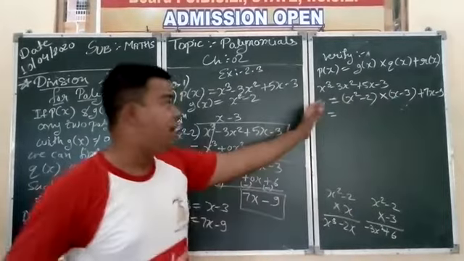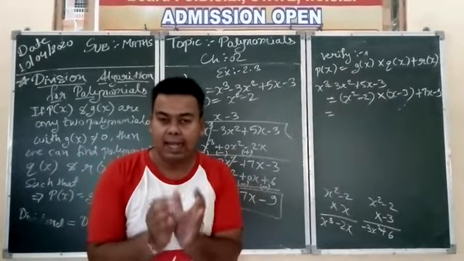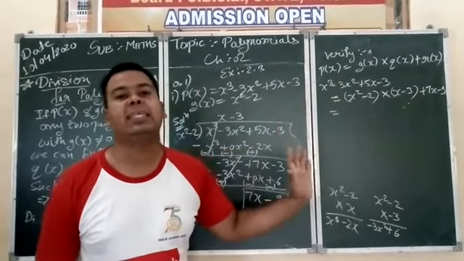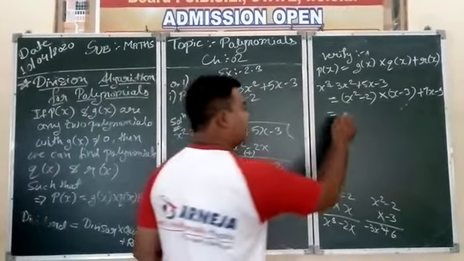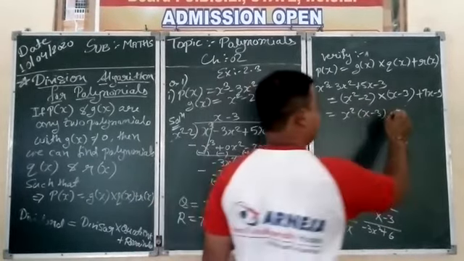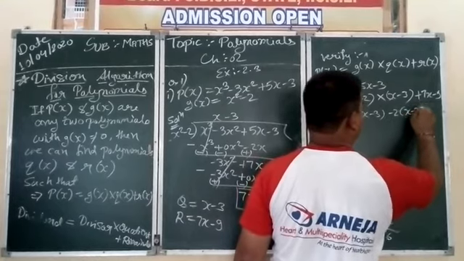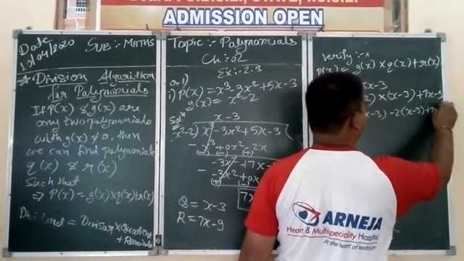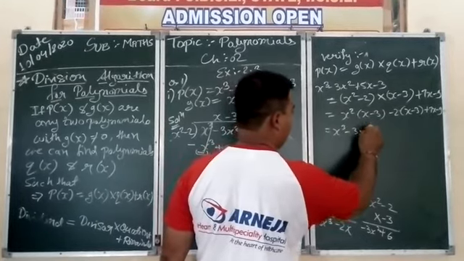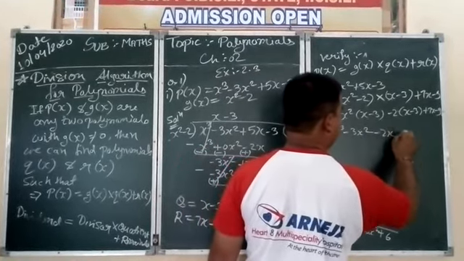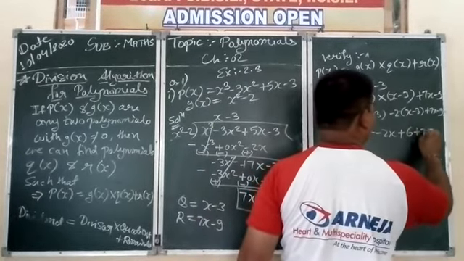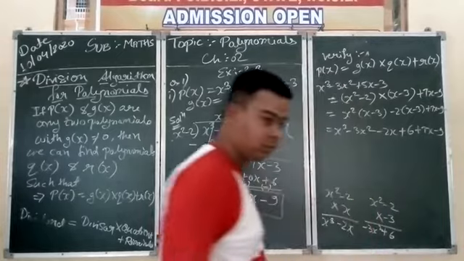Now we solve the RHS and see whether this RHS is equal to LHS or not. So x square is multiplied by x minus 3, minus 2 is multiplied by x minus 3, and plus 7x minus 9. So x cube minus 3x square minus 2x plus 6 plus 7x minus 9.